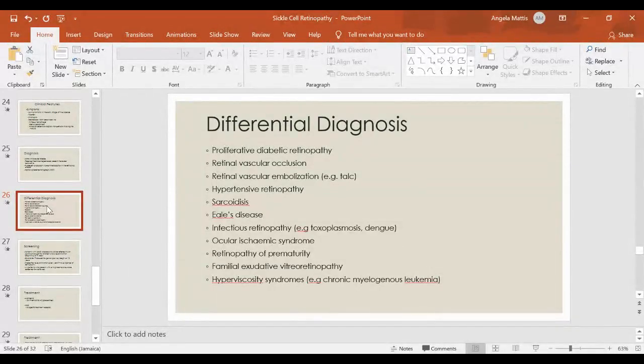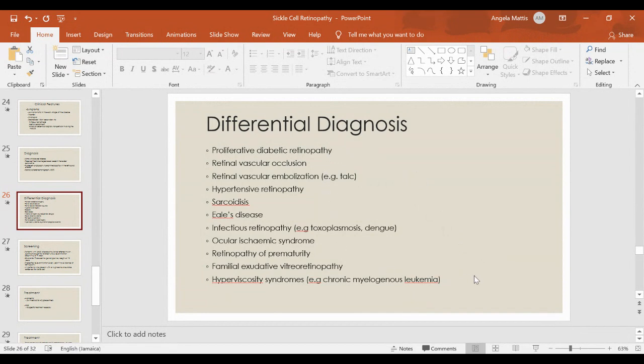Now, this slide on differential diagnosis, I don't want you to study it. I don't want you to remember it. The reason I put this slide in is just to show a little snippet of some of the things associated with vascular occlusion and abnormal vascular proliferations in the retina.